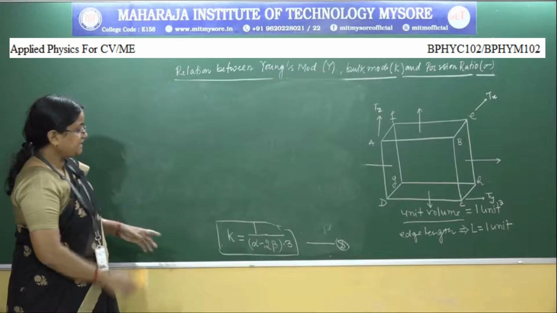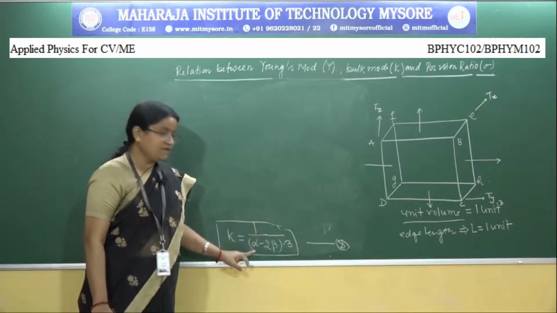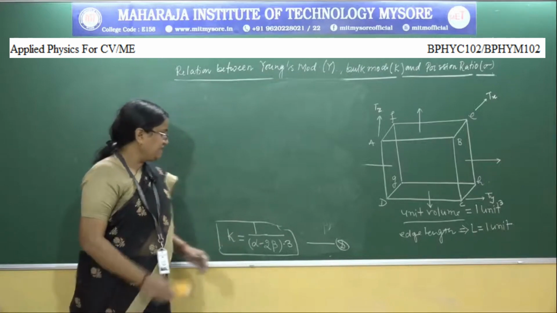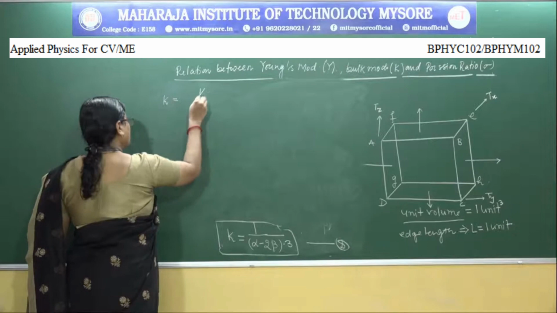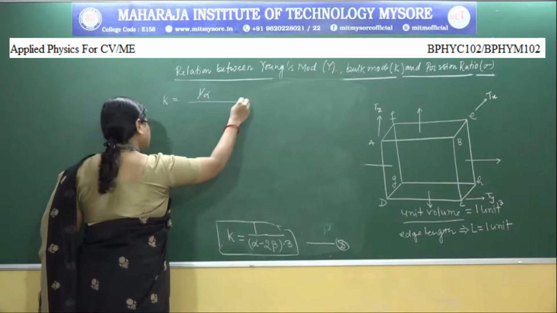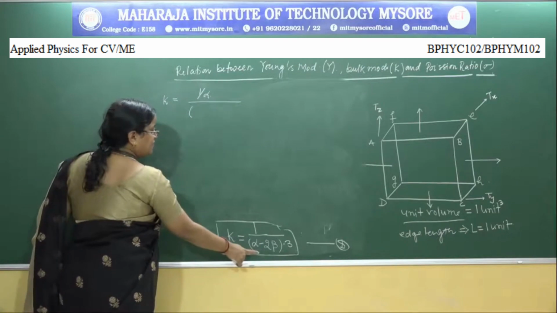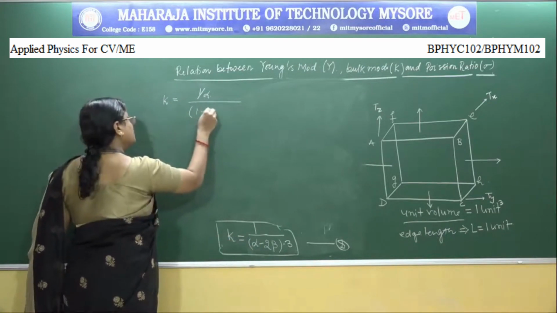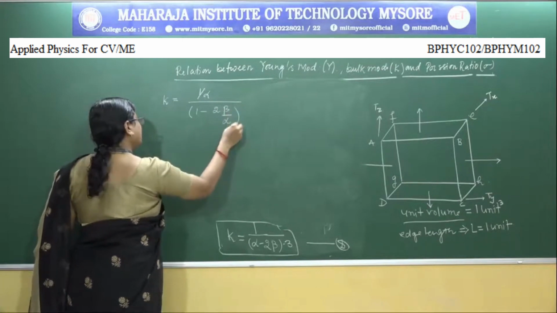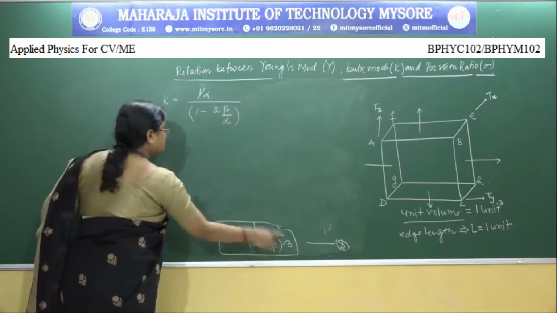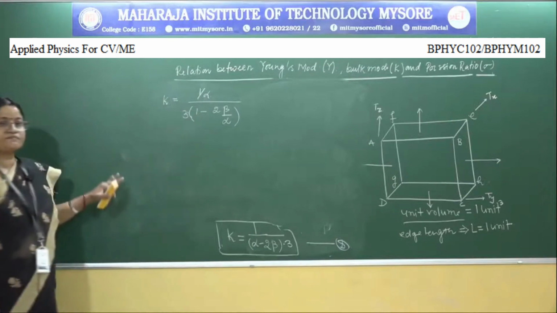So in equation 8, we divide the numerator and denominator by alpha. So we get K is equal to 1 by alpha, and alpha divided by alpha is 1, minus 2 beta divided by alpha, and the 3 which is multiplied we will write in the front.